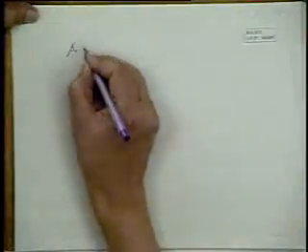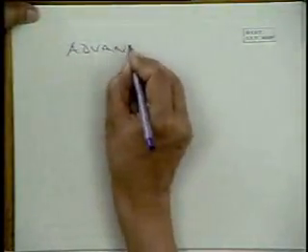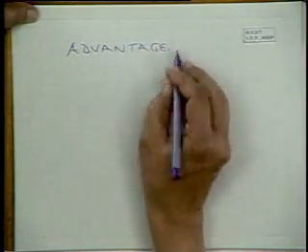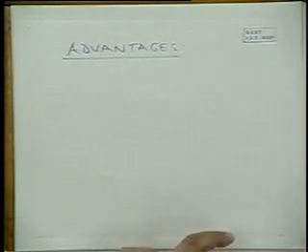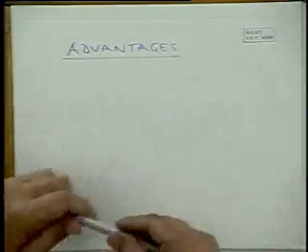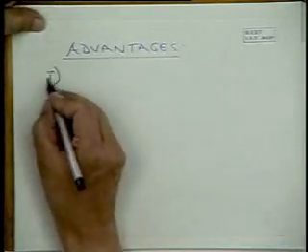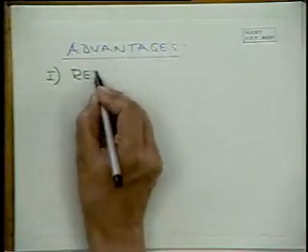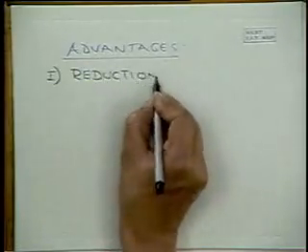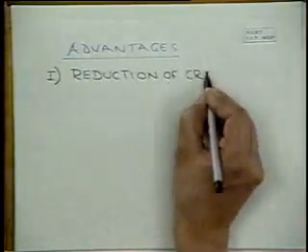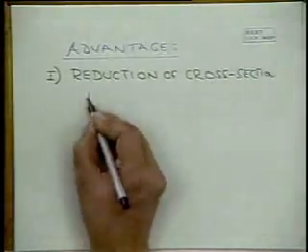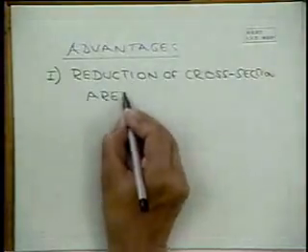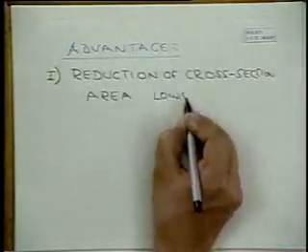So what are the advantages of going for stripe geometry? One is obvious, that I've already stated, that we have reduction of the cross-section area, so lower ITH.